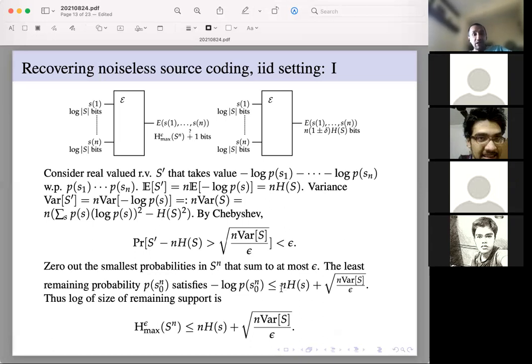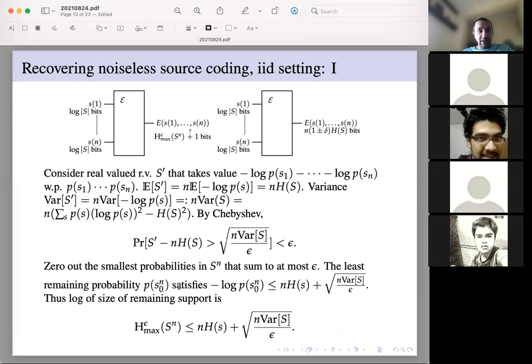That's why the inequality is less than or equal to n H(S) plus the deviation. Is this argument clear to everybody? Okay, pause and think about it. Maybe it will help to draw a diagram with points and what you're zeroing out.